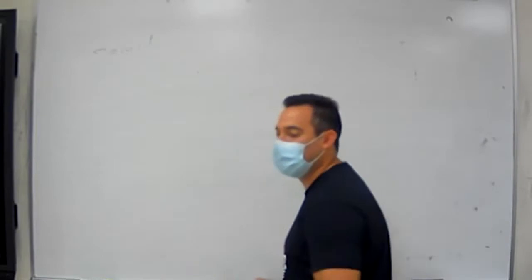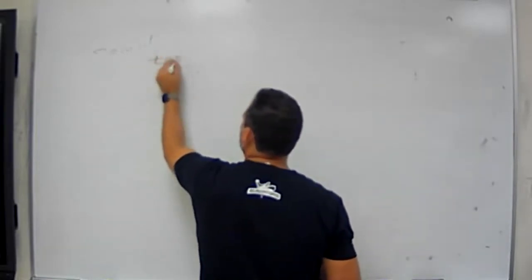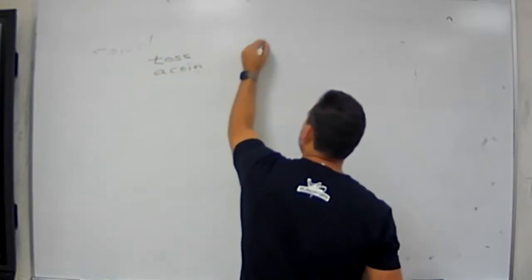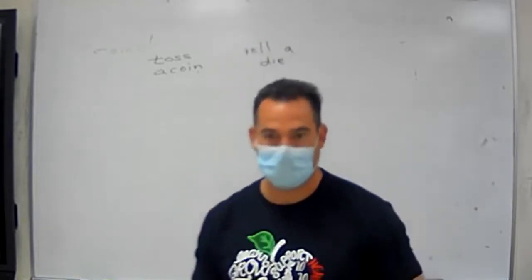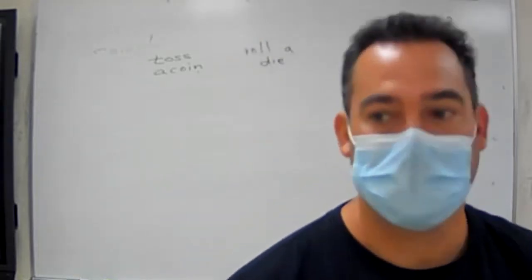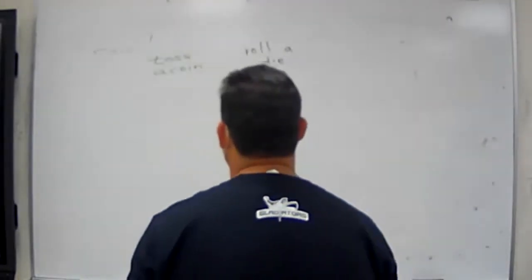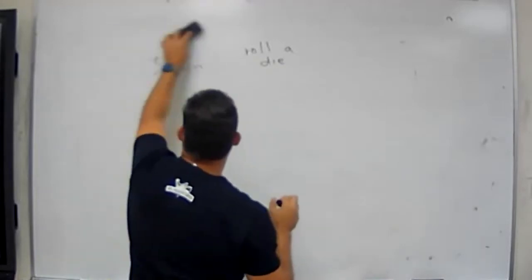Maybe you have an experiment where you toss a coin and then roll a die. So this is the experiment: first you toss a coin, then you roll a die.